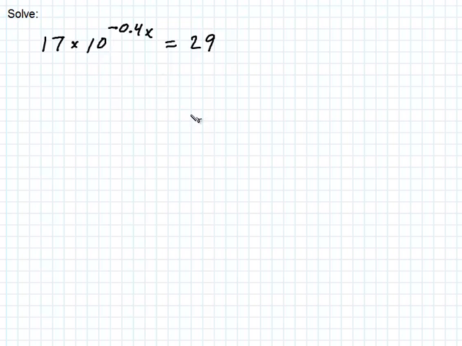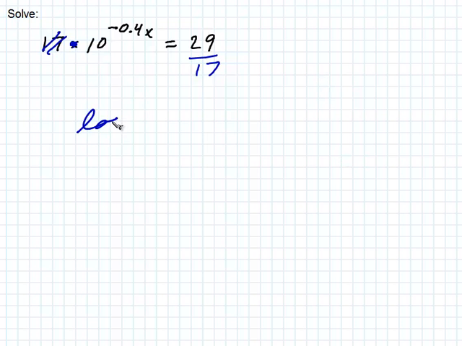Okay, here there's a little bit more involved. There's a 17 out in front. And by the way, this is supposed to be multiplication, not an x here. I can isolate this factor that has x in the exponent, and then I can take the log of both sides. Let's do that. So divide by 17, and now let's take the log of both sides.